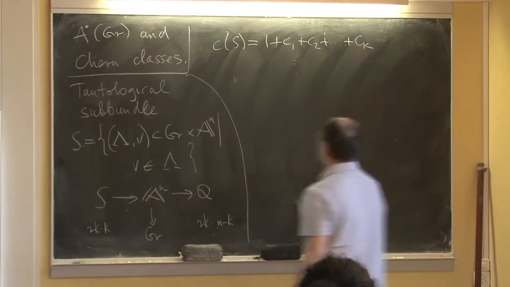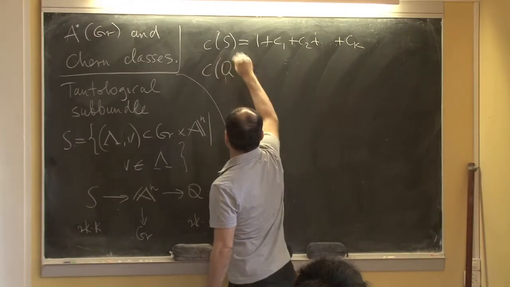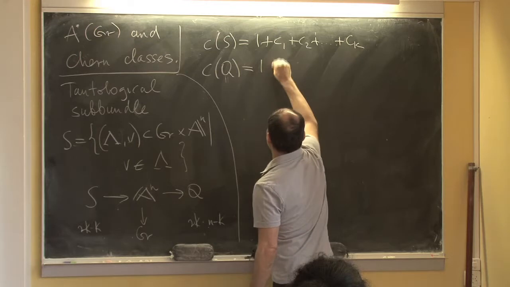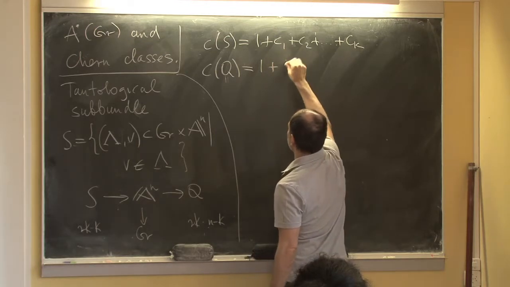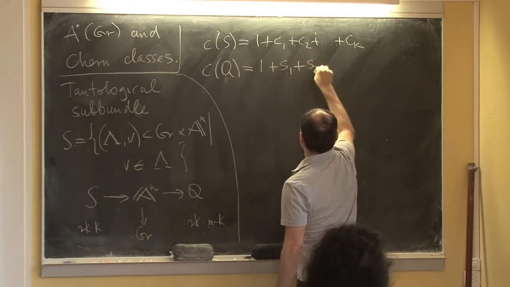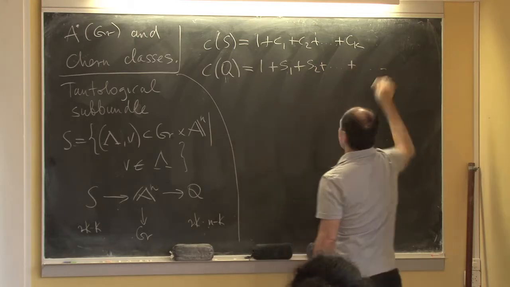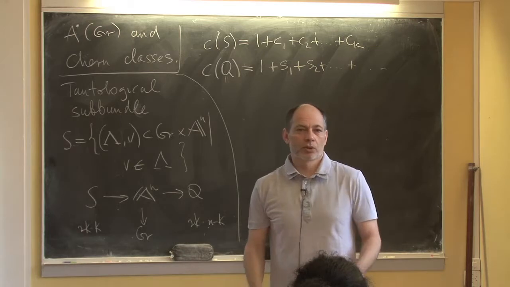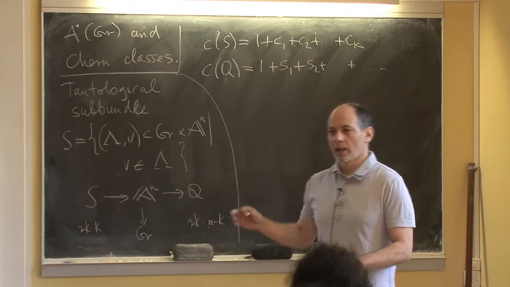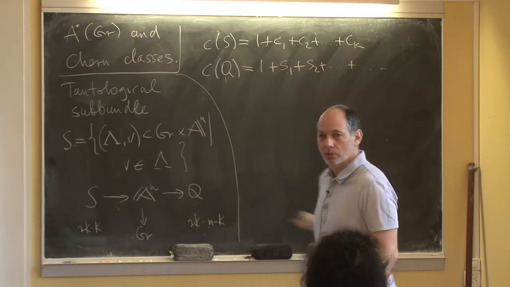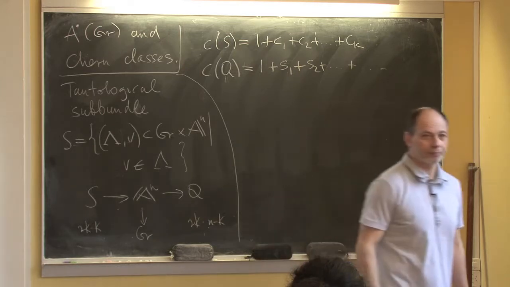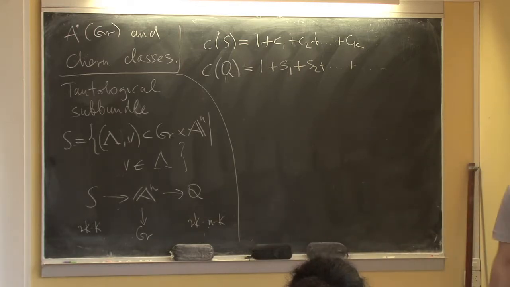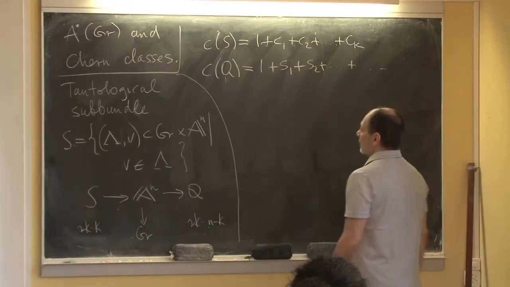And let's do Q also. So you'll have c(Q) is 1 plus the first Chern class. Well, now I have to use another letter, so I'll use s: s1, s2, and so on. Of course we know it's a rank N minus K bundle, so it should have only N minus K, but I'll pretend that I'm stupid and introduce all of the Chern classes, as if I didn't know that s_{N-K+1} is 0.